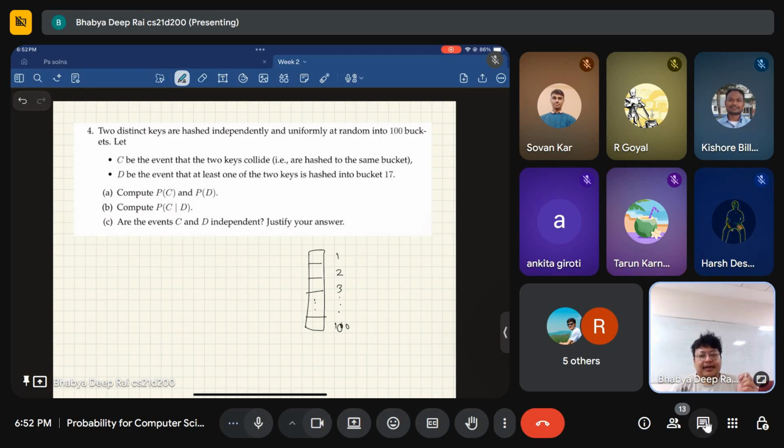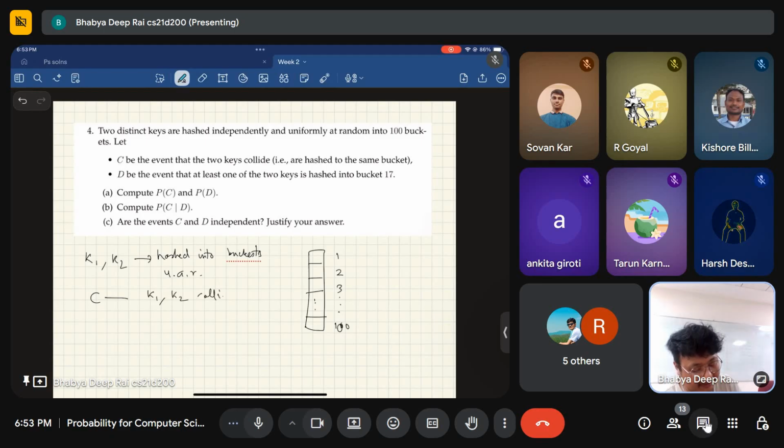C is the event that two keys, K1 and K2, hashed into buckets uniformly at random, collide.